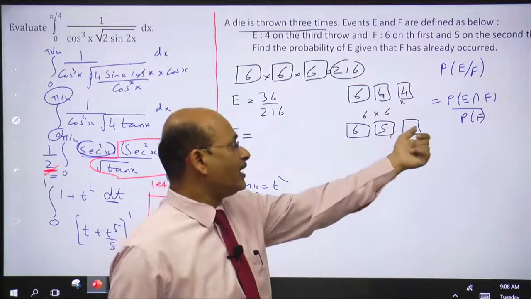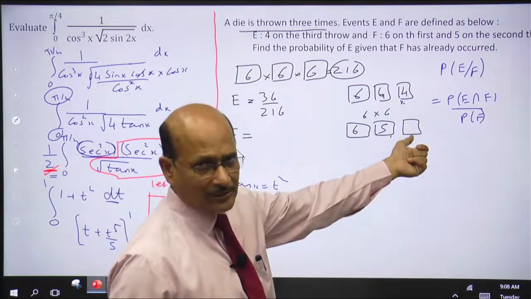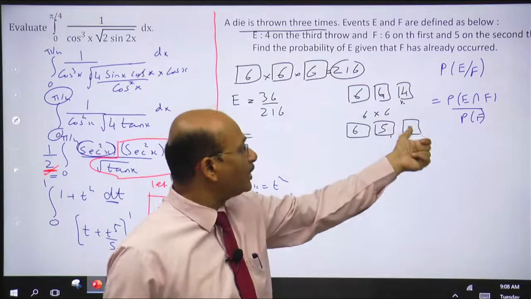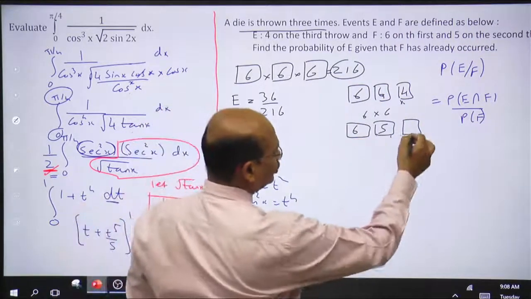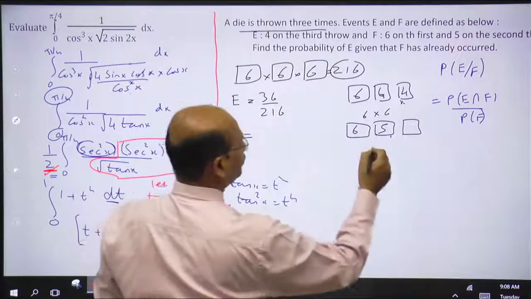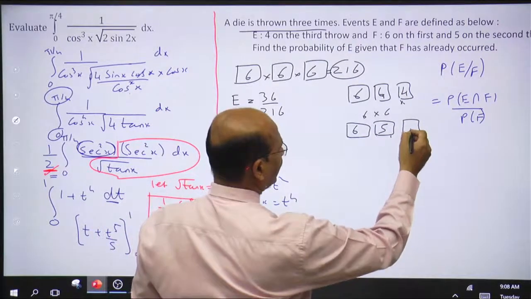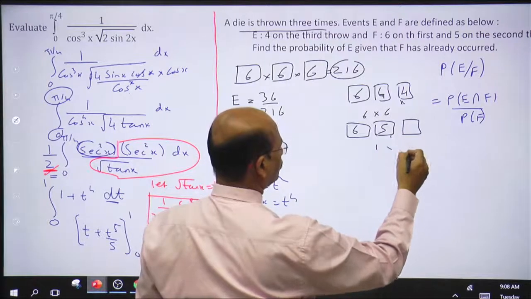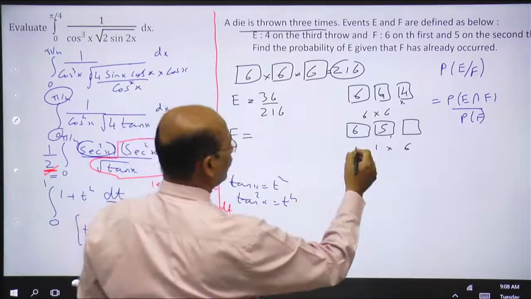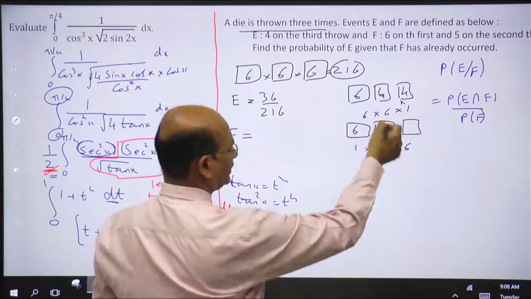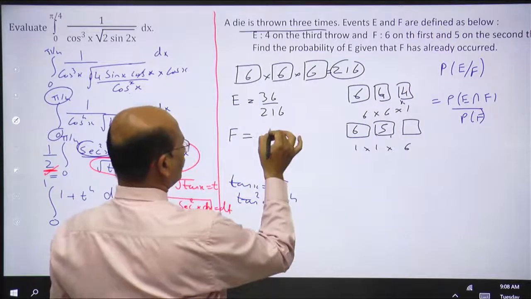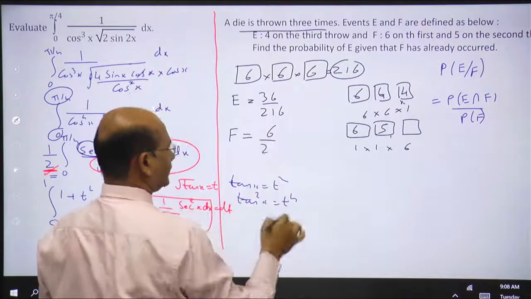And in this case there are 6 outcomes, correct? Last die can become 1, 2, 3, 4, 5, 6. So 6 outcomes. So it is 1 into 1 into 6, because only one outcome is there, 6, 5 fixed up. So 6 upon 216.